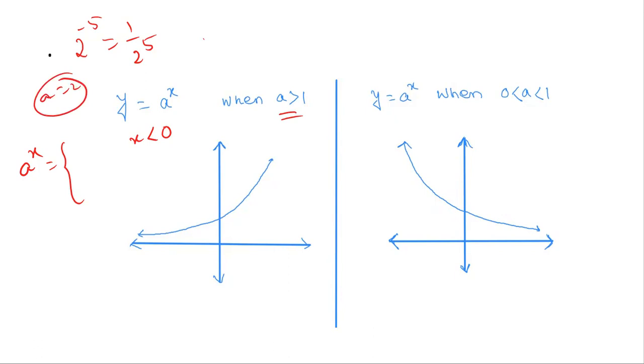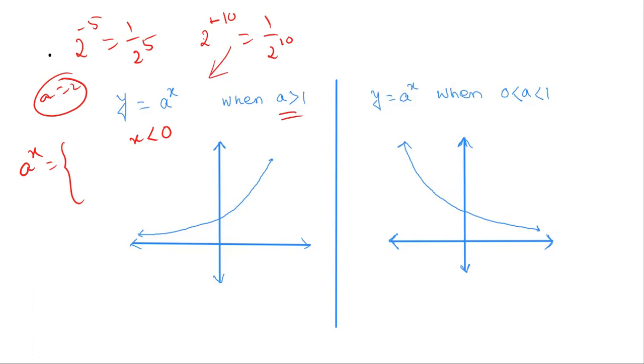Now decrease the value of x, let's say to minus 10. That means 2 to the power minus 10, which becomes 1 by 2 to the power 10. If you go on decreasing the value of x, it tends to 0.